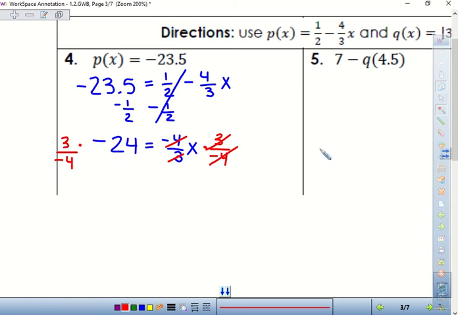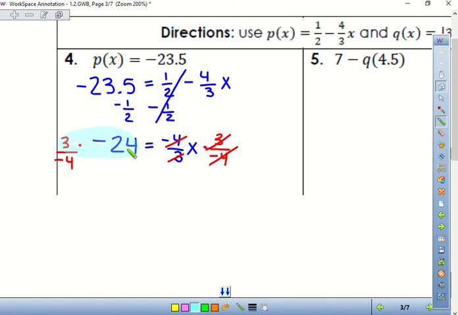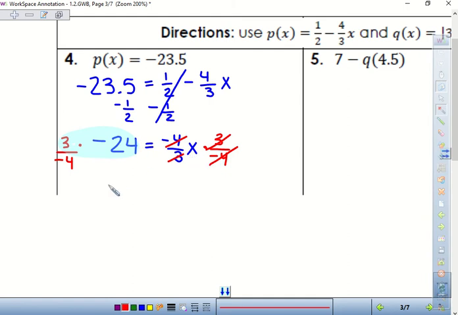And then over here, when you go to multiply a fraction by a number, you just multiply the top of the fraction by that number, and then once you get that answer, you can divide it by the denominator. So 3 times negative 24 is negative 72, all over that original negative 4 denominator, which is equal to x, which can be simplified, I think, 18, yep, thank you.